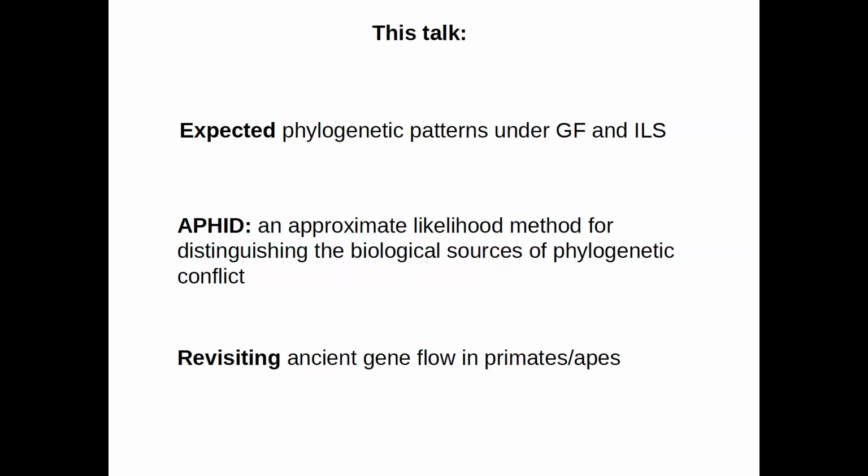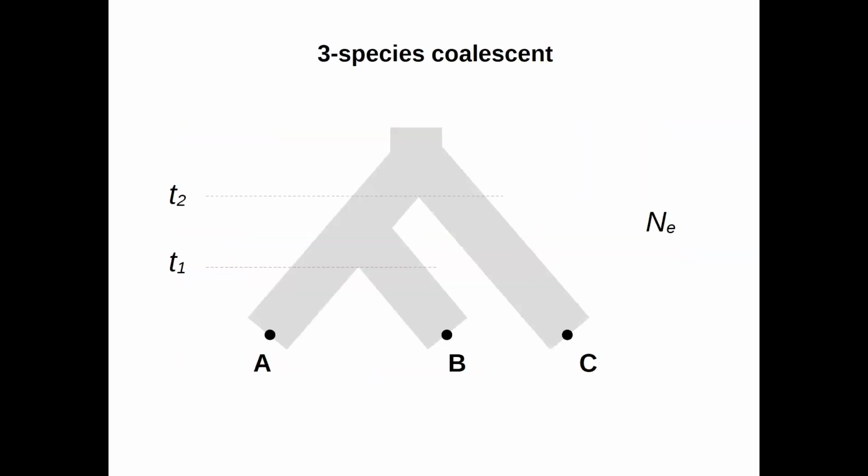To do this, we're going to take a coalescent approach and think about genealogies backward in time. This is called the multi-species coalescent kind of reasoning, and I'll do that in the simple case of three species.